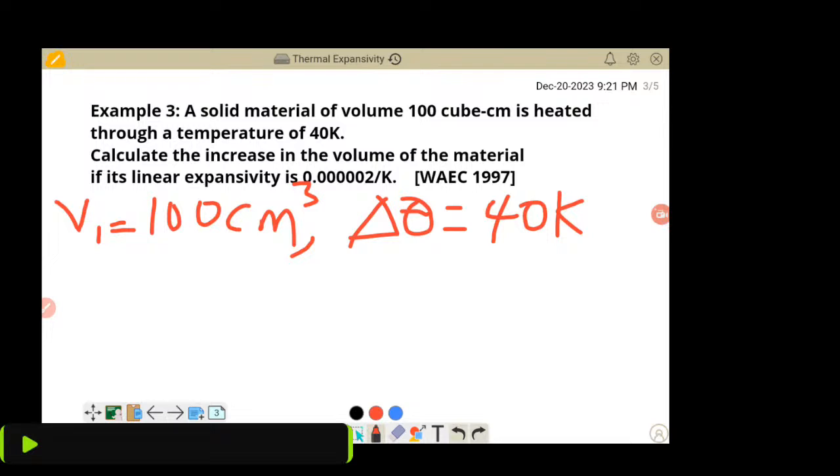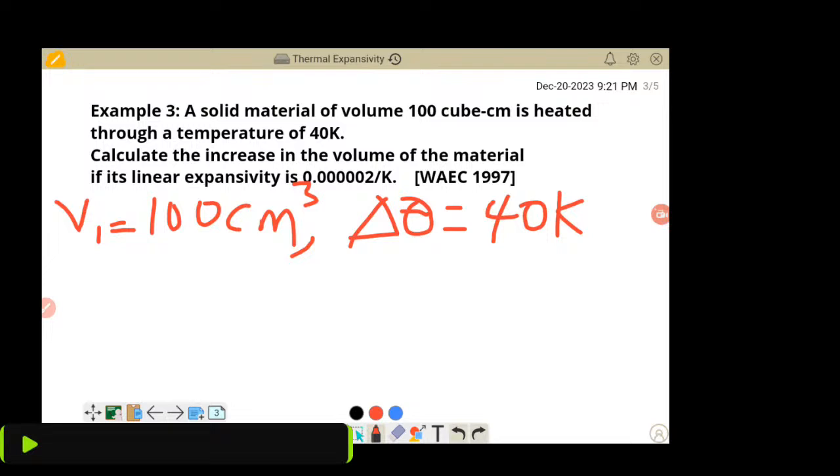And most times some students will ask, do they need to change Kelvin to Celsius or whatever? You don't need to change it, because we are dealing with change in temperature here, not the actual value of each of the temperature.